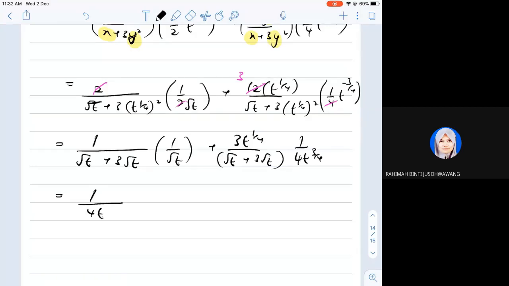this multiplied, so it becomes 4t, guys. Understand? This is square root t, so it becomes t. So 1 plus 3 becomes 4, so 1 over 4t. Alright, now it also becomes plus 1 over 2 plus 3 over 4, so 4t.